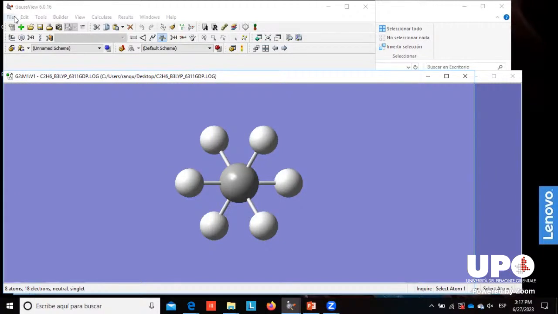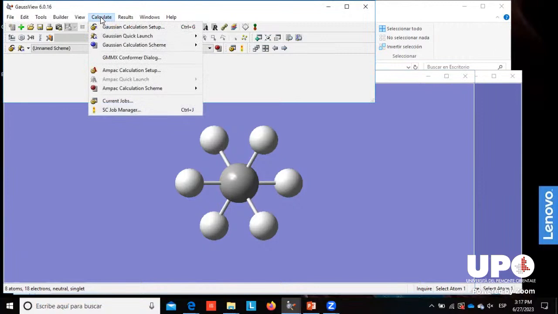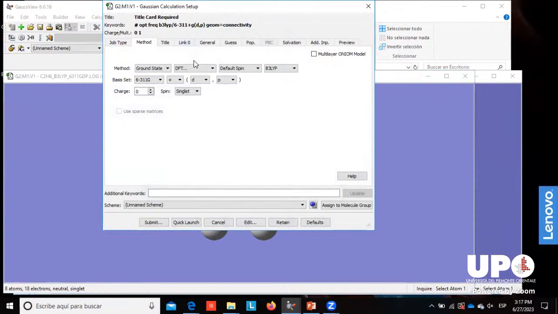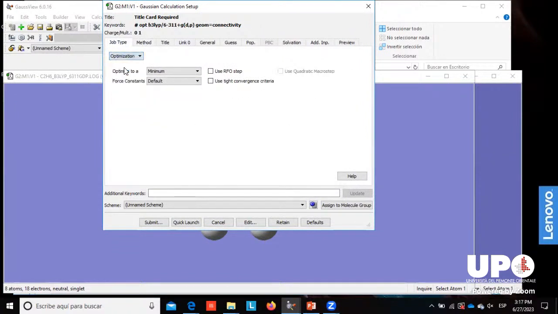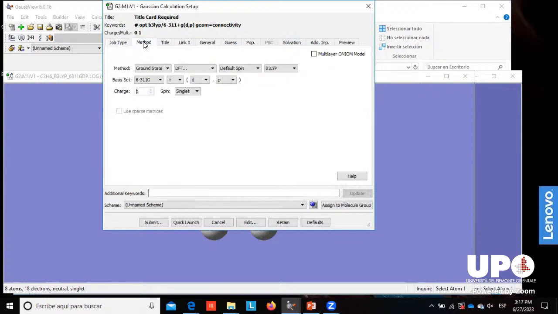So let's see if I can do it in the first attempt. Okay, so actually I leave everything, no, just, sorry, optimization only. We will not run frequency over the potential energy surface because we will have negative values. So we know we are not in a local minimum. So just optimization. We leave the very same method.